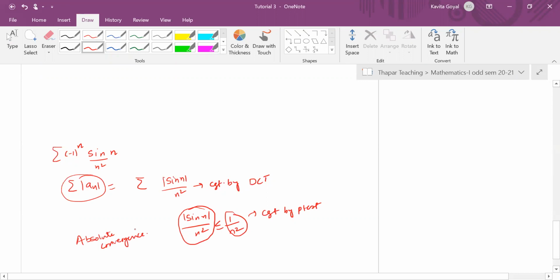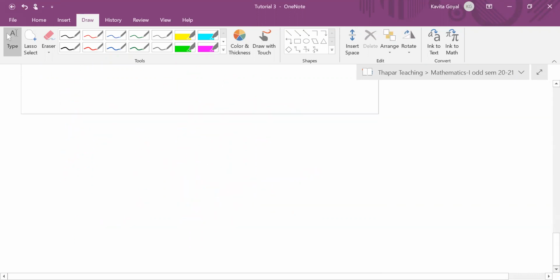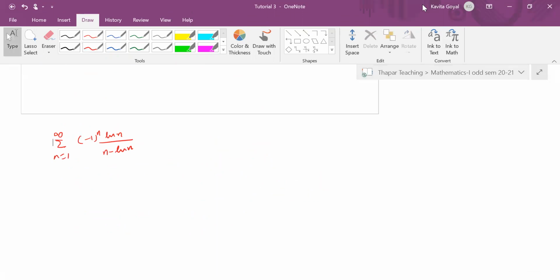Log n upon n minus log n. Tell me, everybody. See the next part, which is minus 1 raised to power n log n upon n minus log n, n from 1 to infinity. Tell me. Could you show the previous question once?